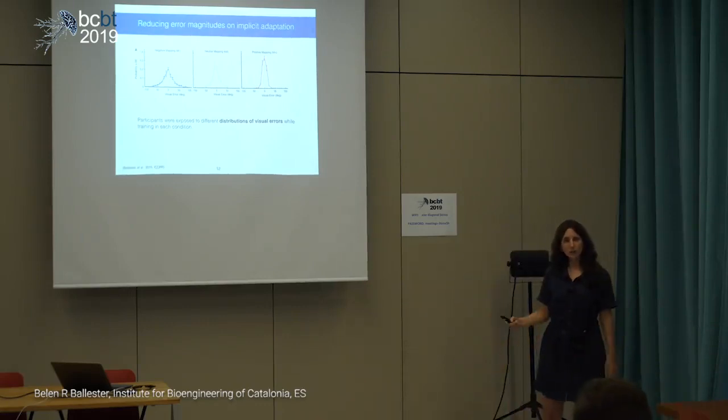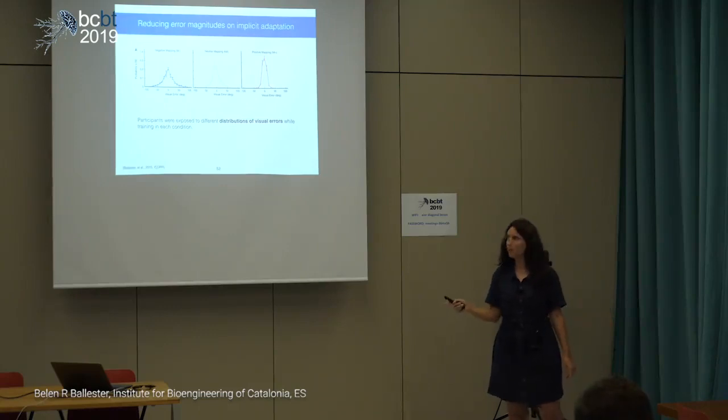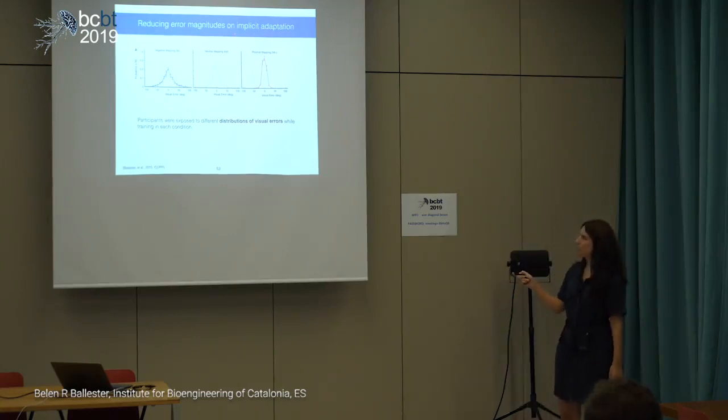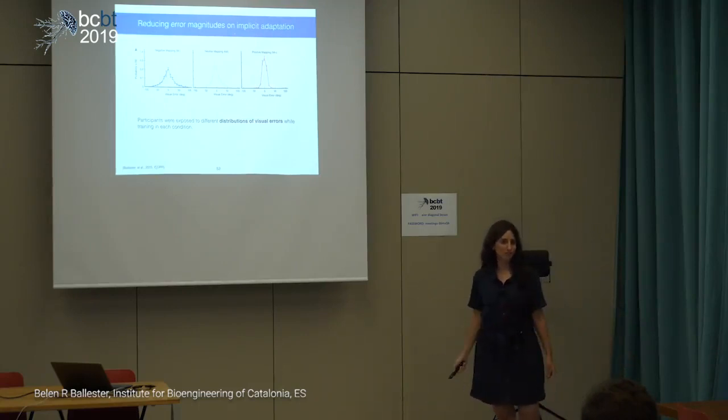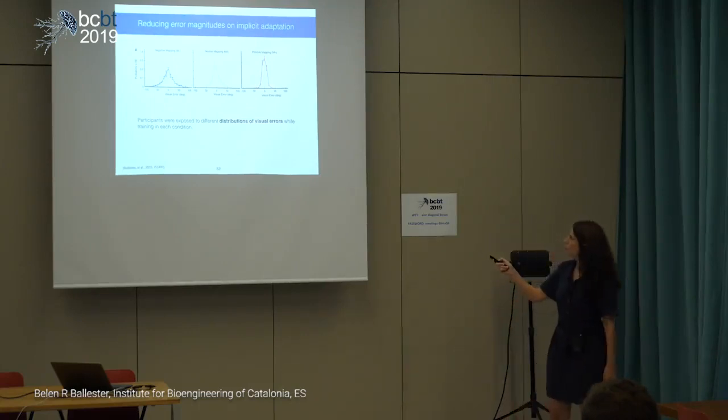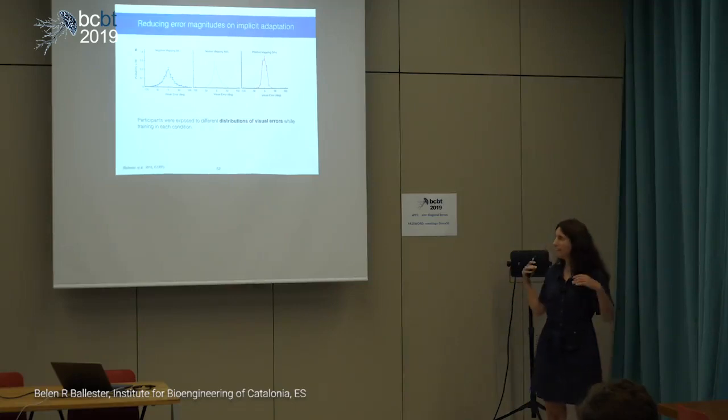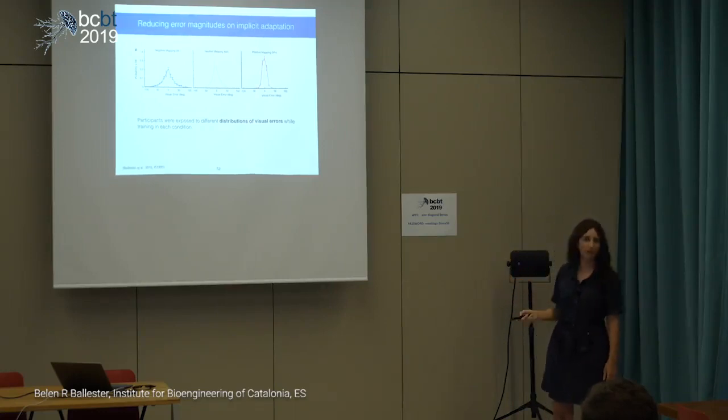And if we actually learn more from those errors that we're exposed to more frequently, what we are doing here is programming people to learn from the errors we want, right? Here we are programming people to learn more from big errors, because we are creating a history of visual errors in their brains, right? We are creating a memory of large errors. Here we are not creating memories of large errors. We are enhancing memories of small errors.